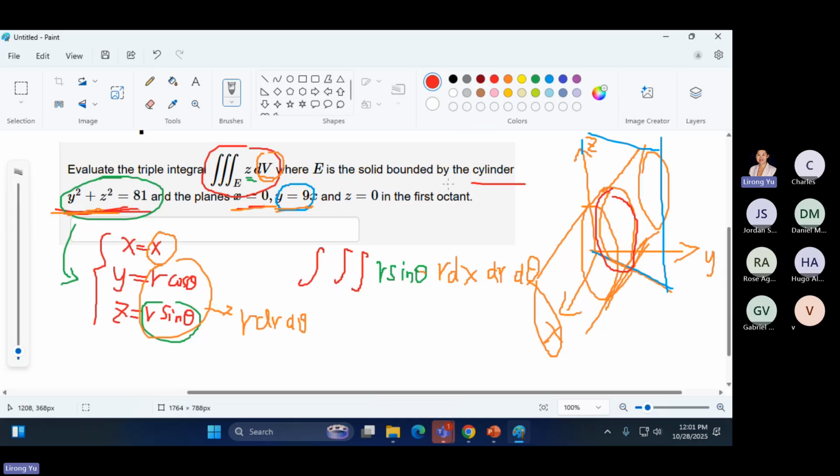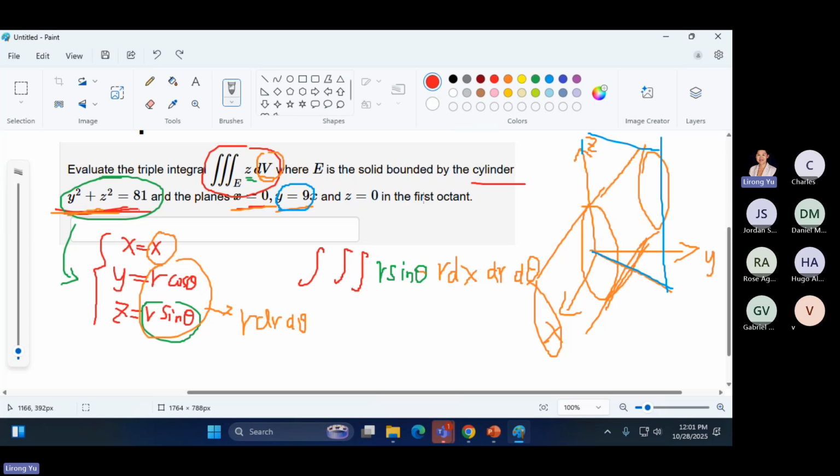And then the solid is bounded by the cylinder, this plane, and then the x equal to 0 plane, which will be the yz plane, and then z equal to 0. So in the yz plane, there's also an intersection. The intersection looks like this, and then it gets worse and worse.